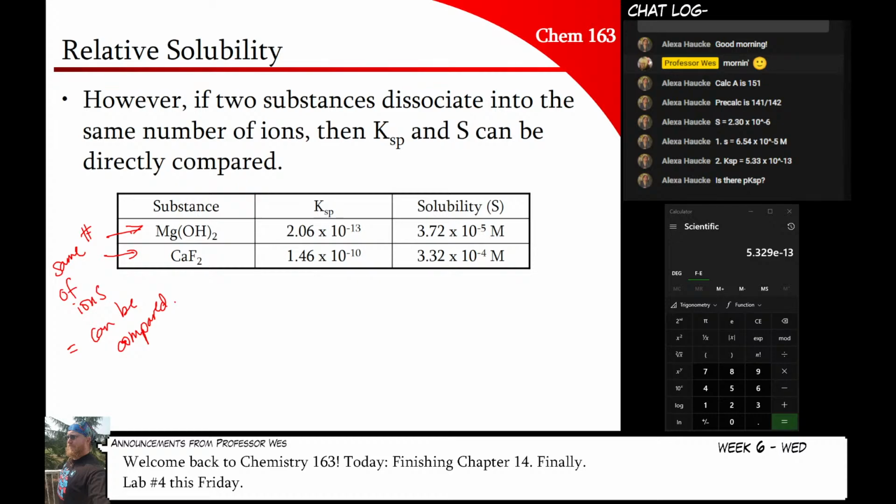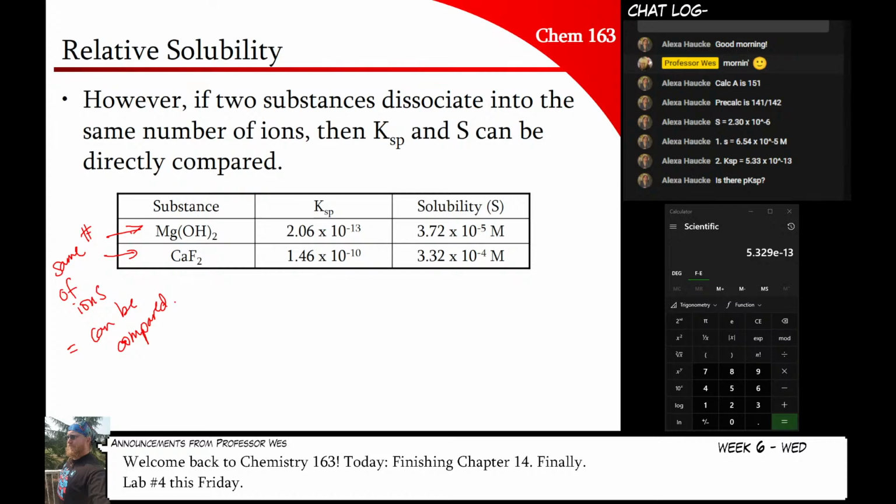Because each of these splits into 3 ions, they're all going to undergo the same mathematical treatment with my calculation to get from S to Ksp. So they'll all end up in 4s cubed, and Ksp has been calculated to do that mathematical process already. So if I have the same number of ions, I can look at either S or Ksp.